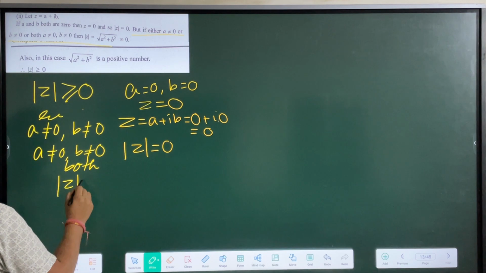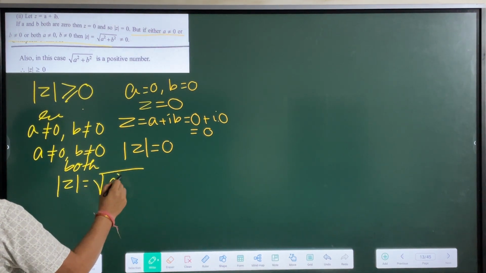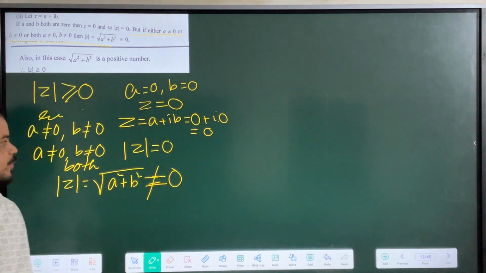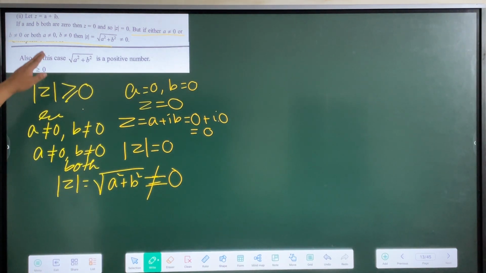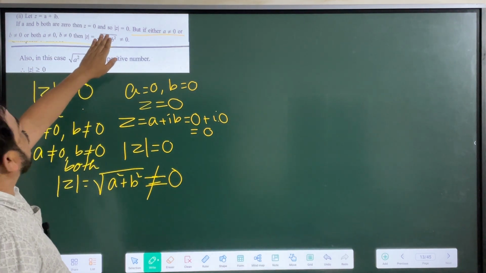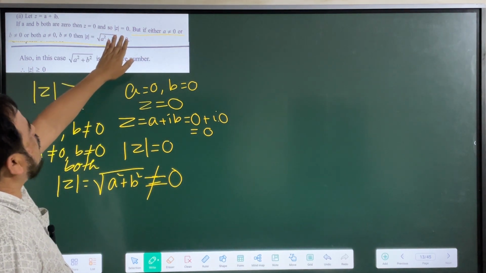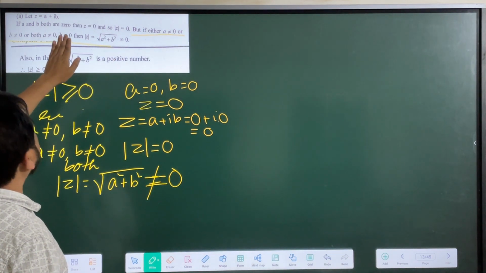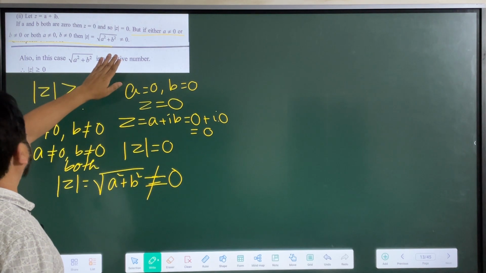Then modulus of z, the square root of a square plus b square, is not equal to 0. If a and b are both 0, then z equals 0, so modulus of z also equals 0. But if either a or b is not 0, or both, then z is not equal to 0.